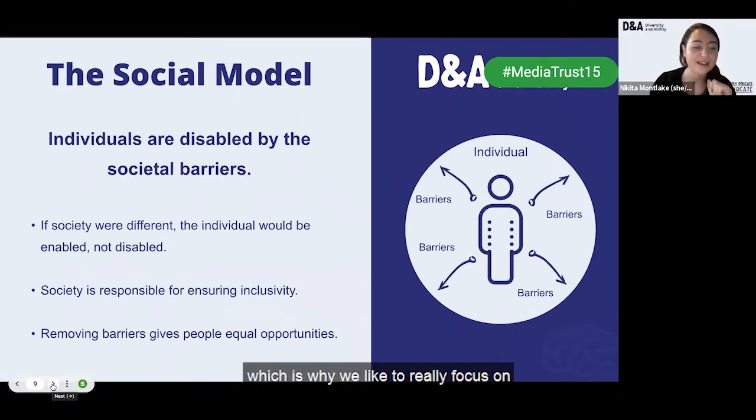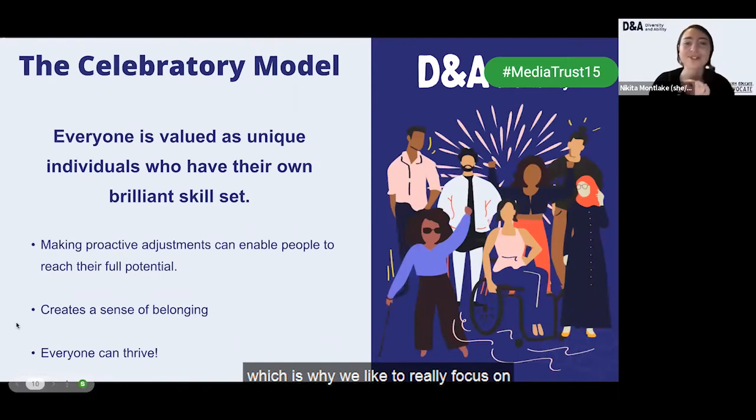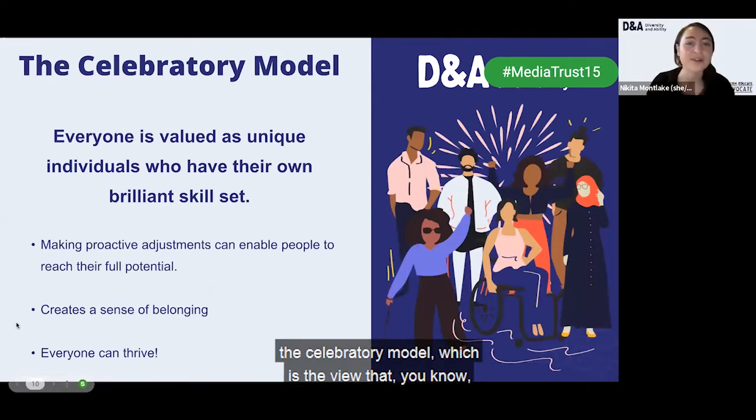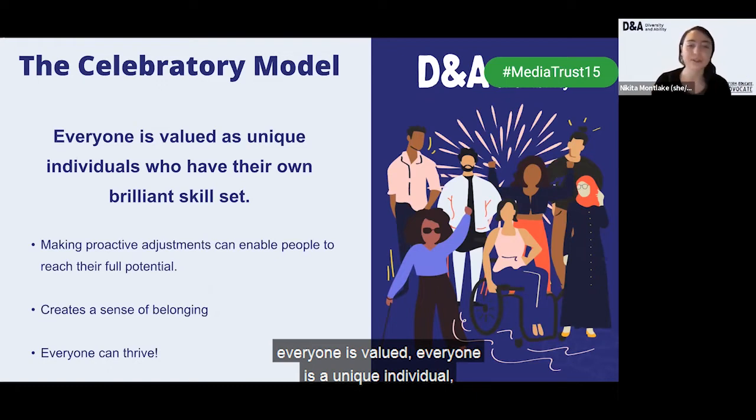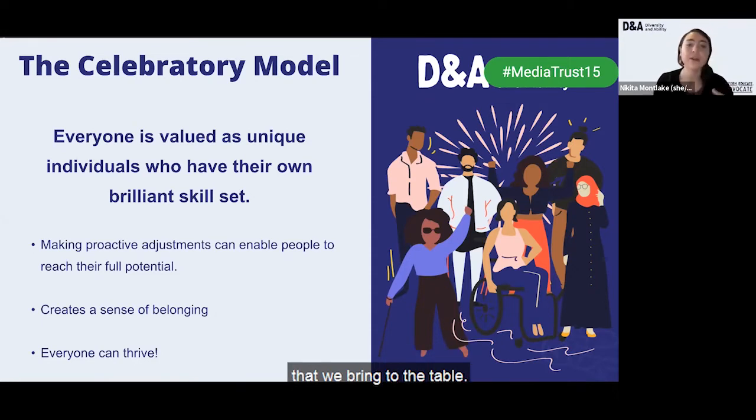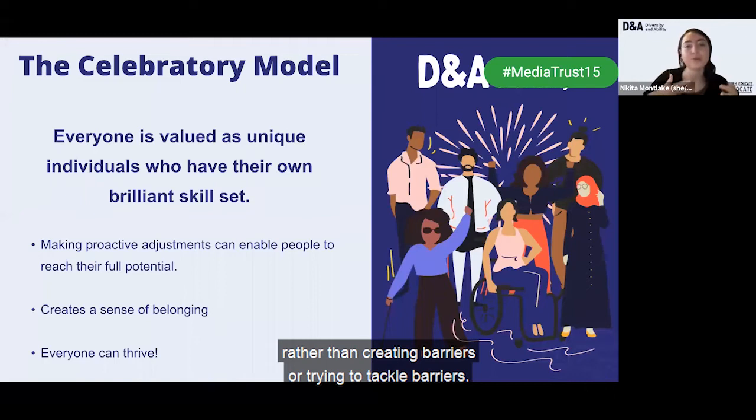So as much as society would be different, that person will still be feeling what they're feeling internally, which is why we like to really focus on the celebratory model, which is the view that everyone is valued, everyone is a unique individual. We all have our own brilliant skill sets and capabilities that we bring to the table. So by making those proactive adjustments, we are enabling people to reach their full potential rather than creating barriers or trying to tackle barriers.